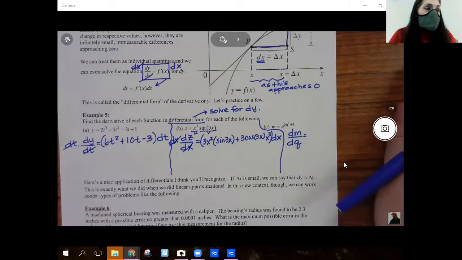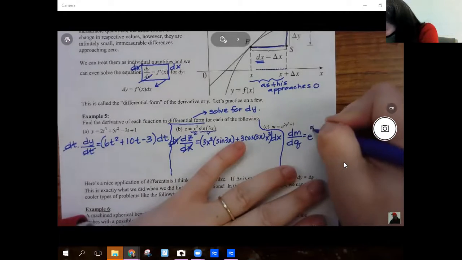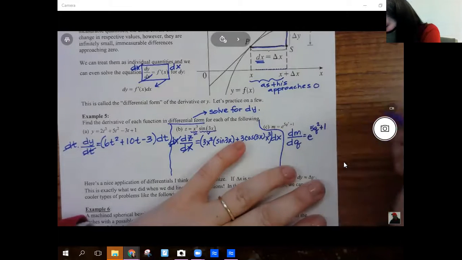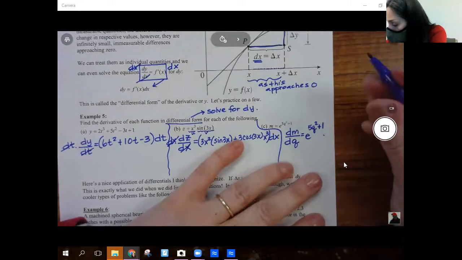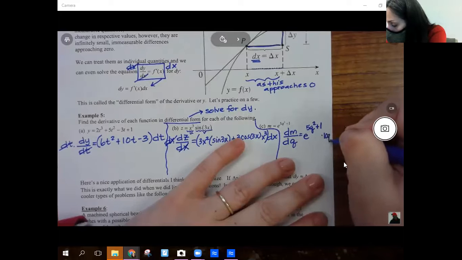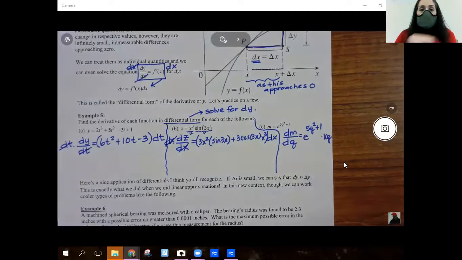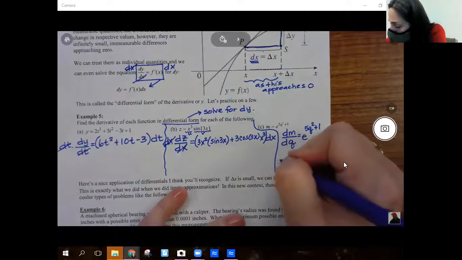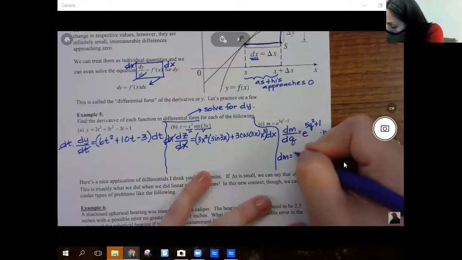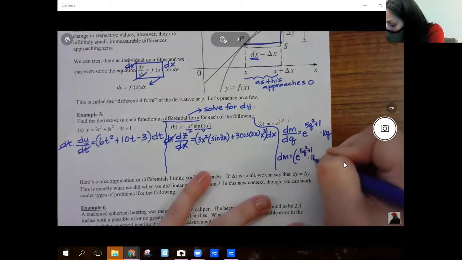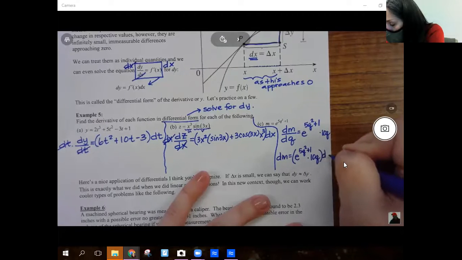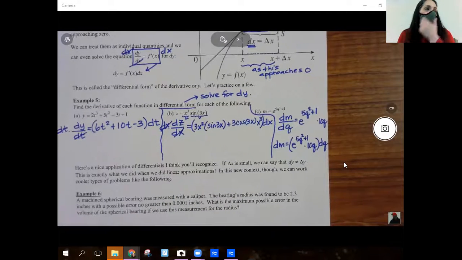So the derivative of e to the 5q squared plus 1 is e to the 5q squared plus 1 times the derivative of the exponent, which is 10q. Okay. So there's your derivative. Now write it as a differential. So this would be dm equals e to the 5q squared plus 1 times 10q times dq. Okay.